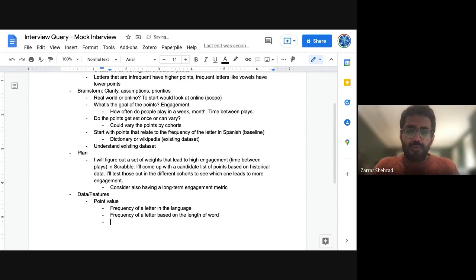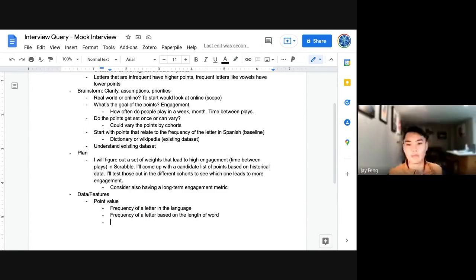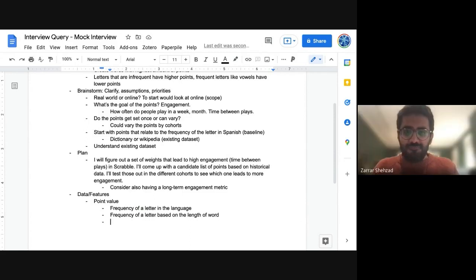And then the other thing I was thinking about is the co-occurrence of letters, but I'm not sure I totally know how to assign a point value to it. The idea is that maybe, like you were mentioning, the letter Z or the letter Q may tend to co-occur with certain other letters, but I'm not sure how to use that to make a point value.